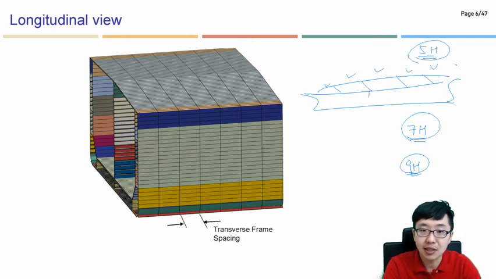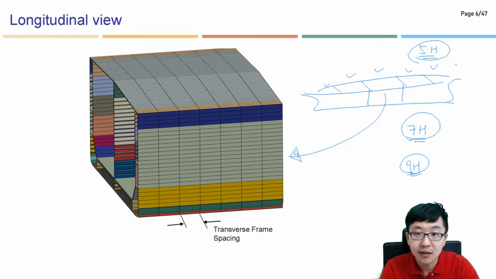But basically, we can bring this one from the midship. So how many frames do we have? 1, 2, 3, 4, 5, 6, 7. In this case, 7 frames. You know what I'm saying? So we have focused on the center, one frame spacing, before.